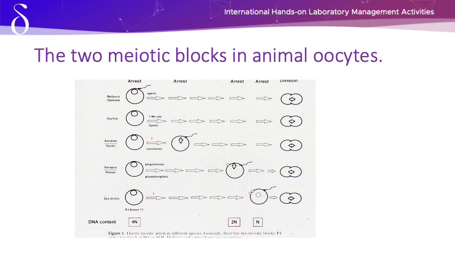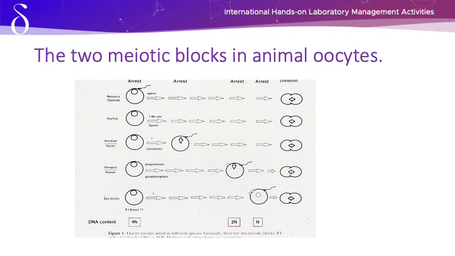This slide shows the meiotic blocks in different animal species. As you see, they range from a block in prophase in the mollusks to a block at the end of meiosis in the sea urchin. Most animals actually fall in the middle, so we see the ascidians, they are blocked in metaphase 1 and the sperm releases this block.